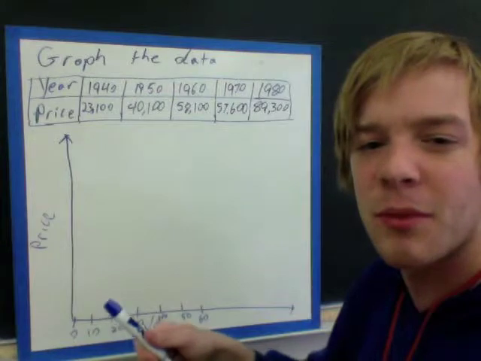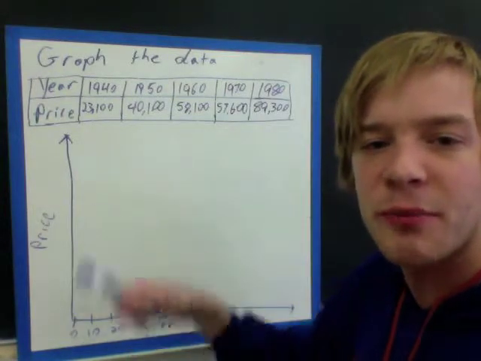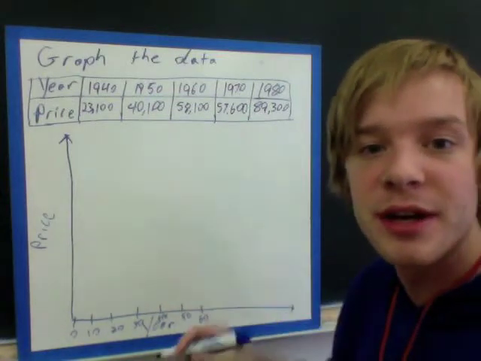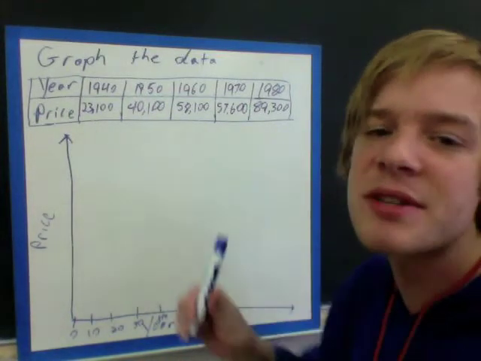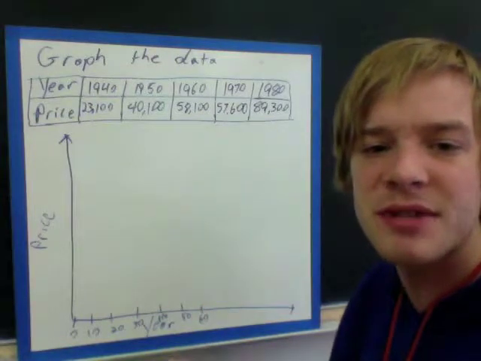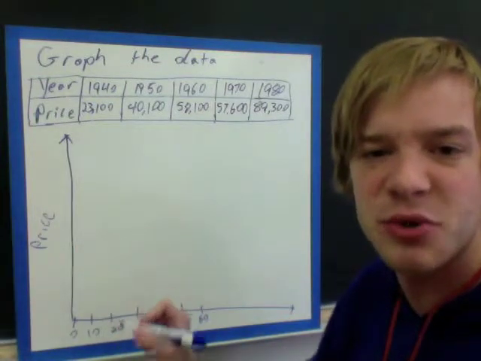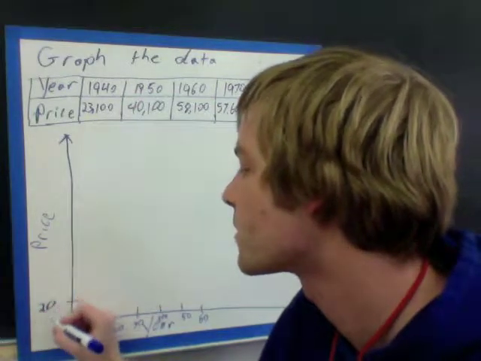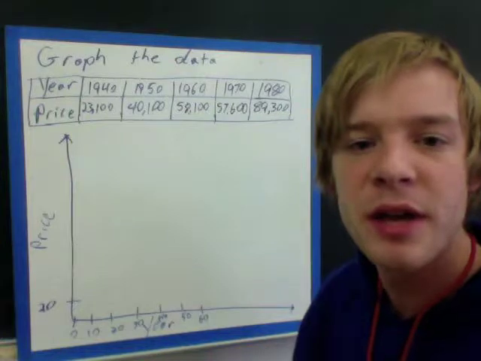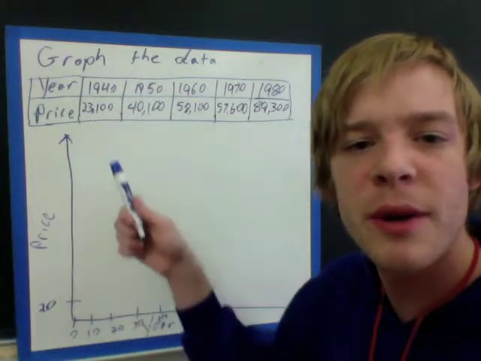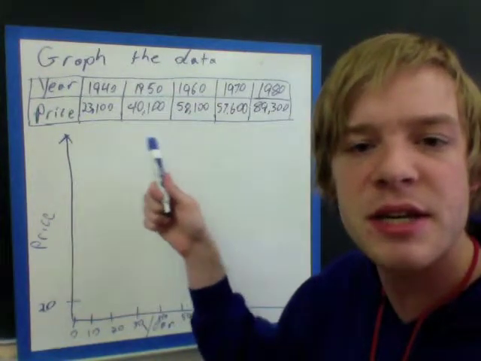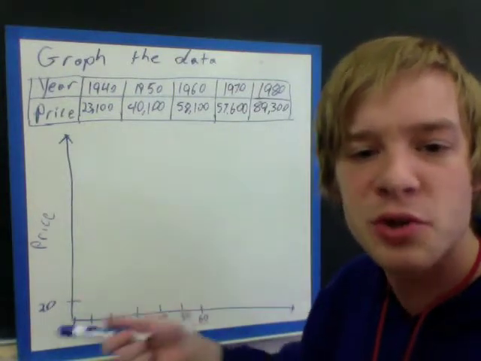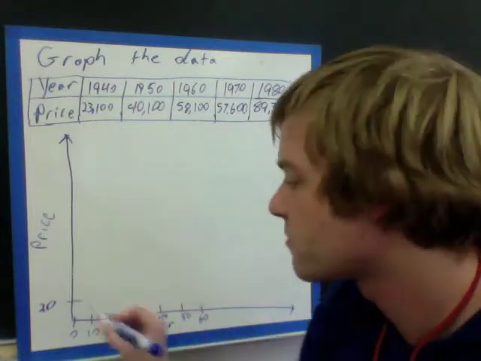We've got a little bit more flexibility with the price because these aren't going up by a fixed amount, and in fact it goes down a little bit as well. Since my smallest number is 23,000, my smallest dash over here is going to be 20,000. I'm just going to label that 20 there. And since we're going up by, let's say, 17 here and 18 here, let's go up by 20,000 for each dash mark.